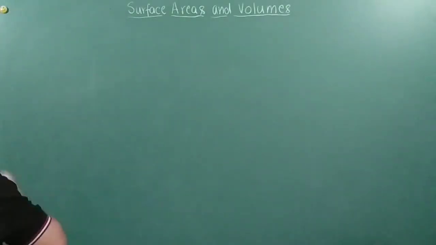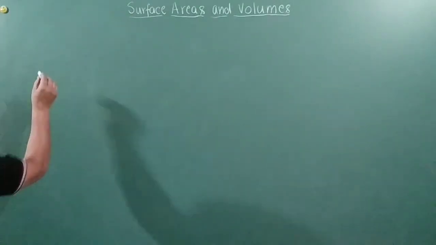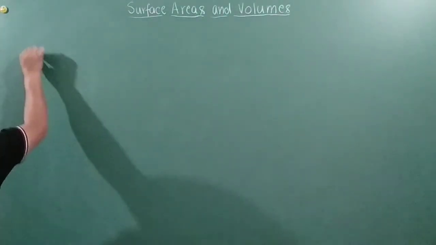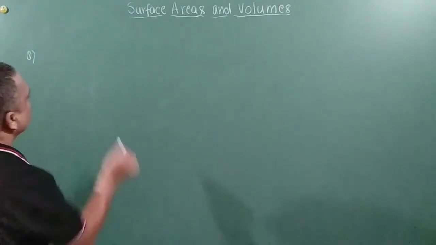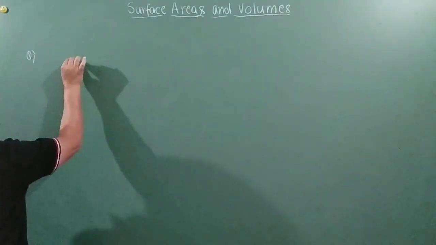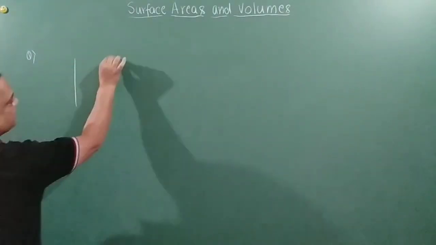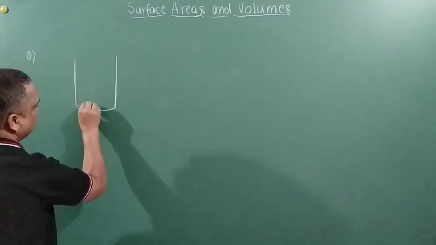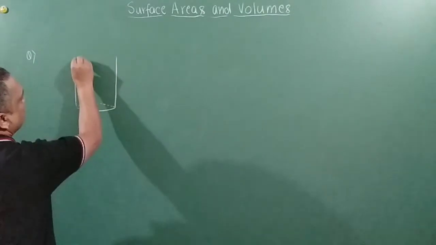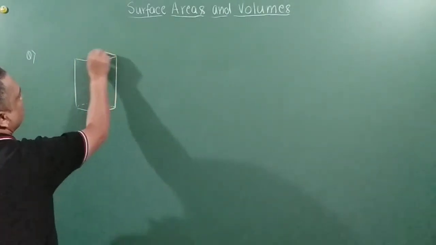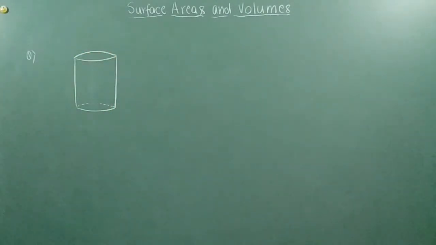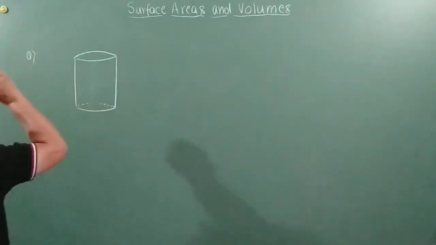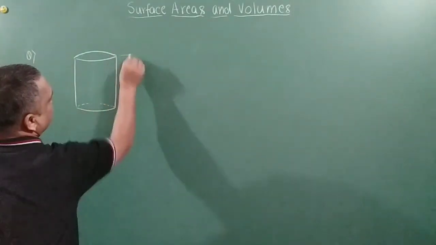From a solid cylinder whose height is 2.4 centimeter, right? Okay. So from a solid cylinder, so let's make a cylinder first. Right friends, so this is the cylinder, right, solid cylinder, which height is 2.4 centimeter.